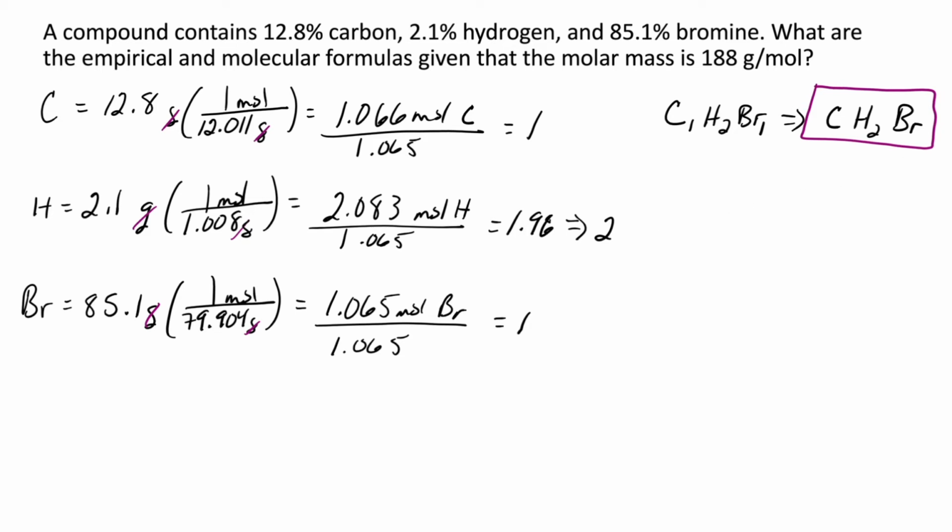So now that I have the empirical formula, I am going to determine the molar mass of this empirical formula. So I'm going to multiply the masses on the periodic table by the number of atoms I have for each element in the compound. So for carbon, I have 1 carbon at 12.011 grams, which is going to give 12.011 grams per mole.